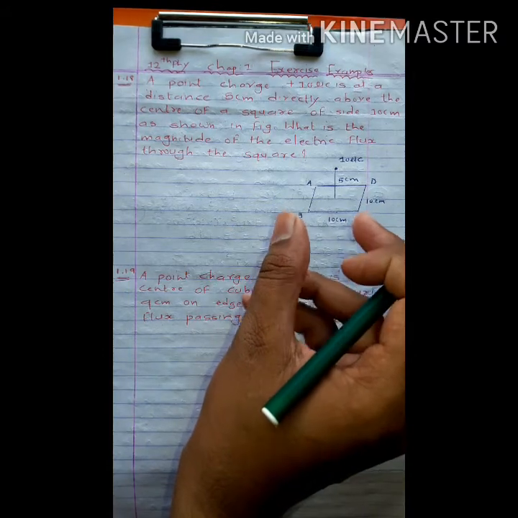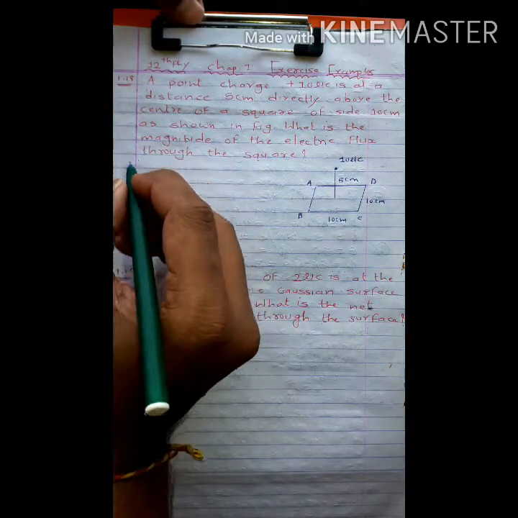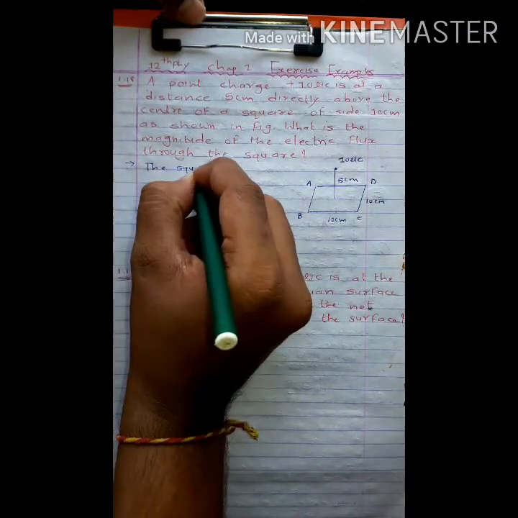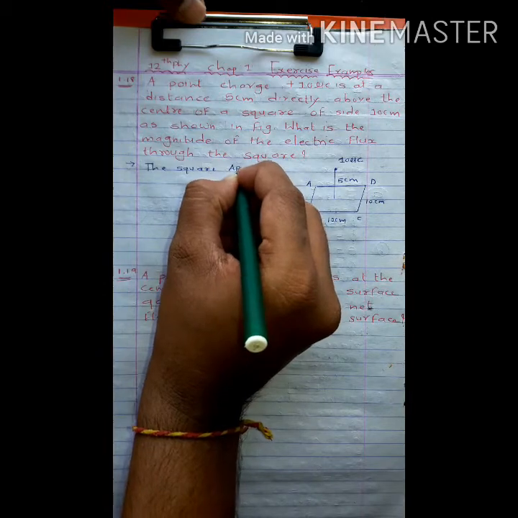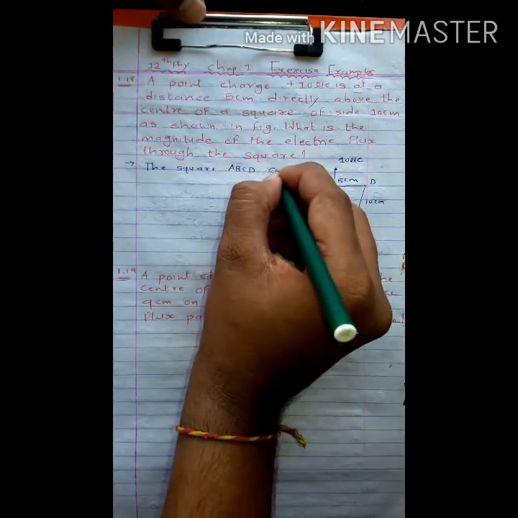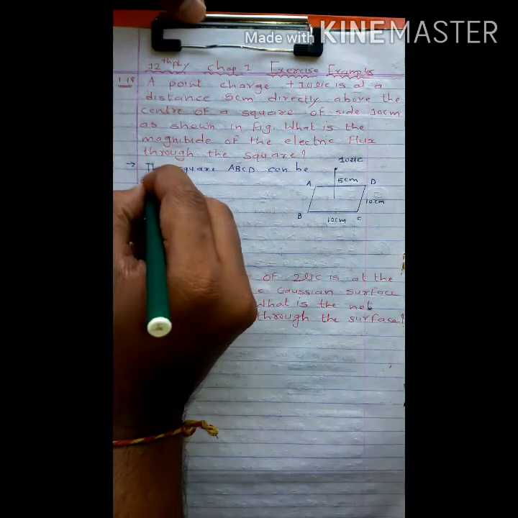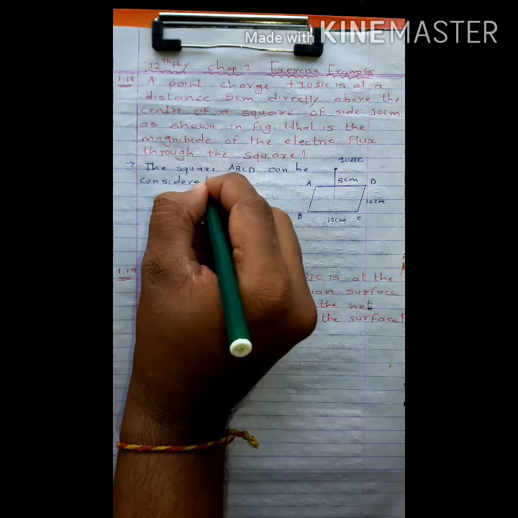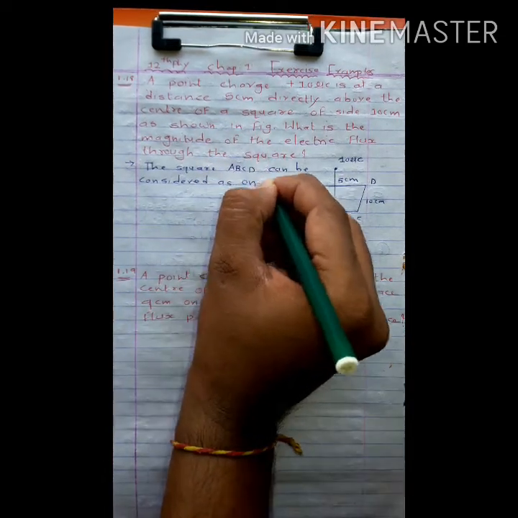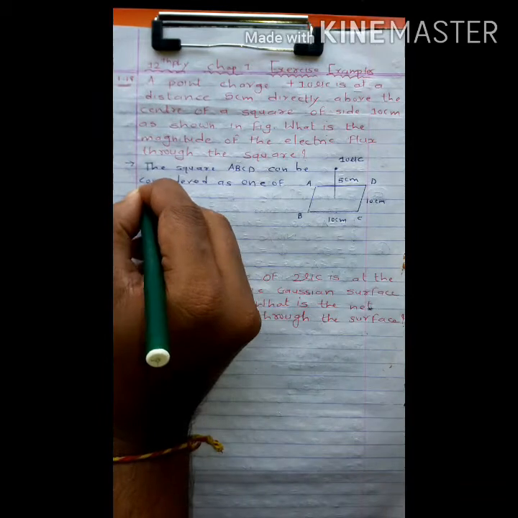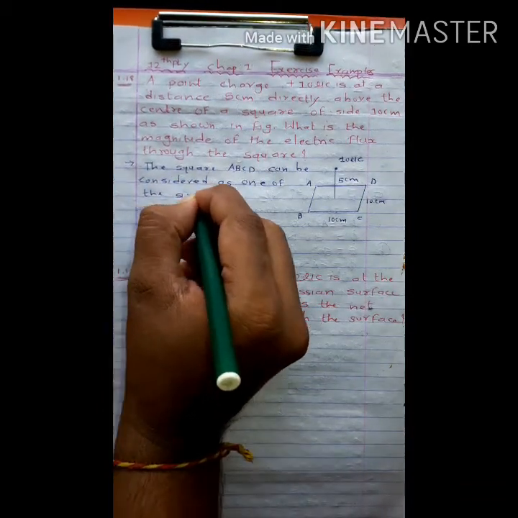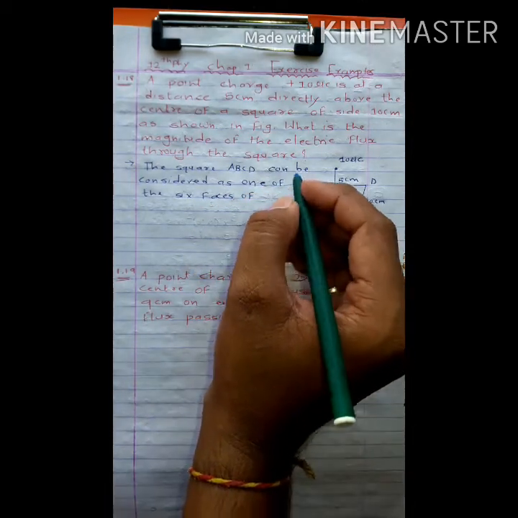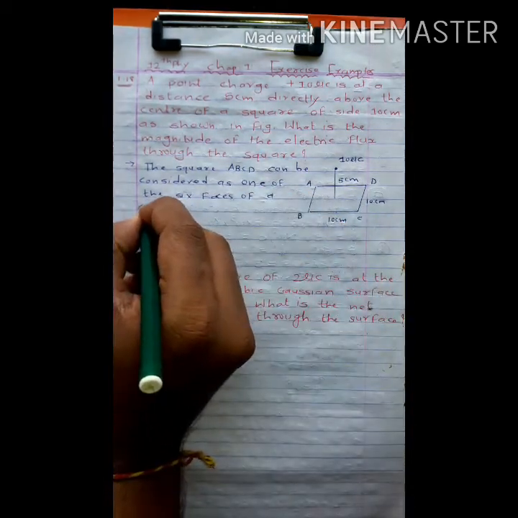Remember this point, here we consider only the square, but the square ABCD can be considered as one of the six faces of a cubical Gaussian surface.